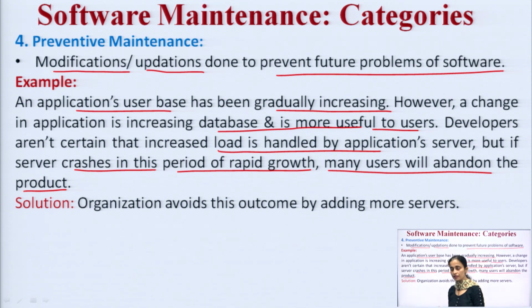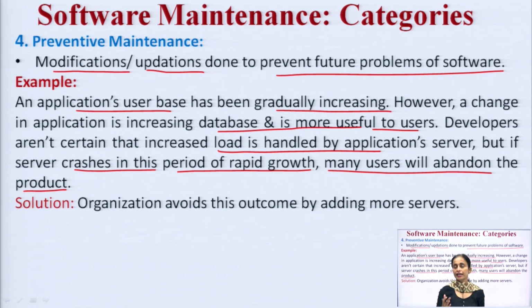Now, the problem is, at the present time the software is working fine and we are seeing that the database is gradually increasing and the software is more useful to the users. Now the developers say that if there is so much increased load on my application server, till which time will it survive this rapid growth?